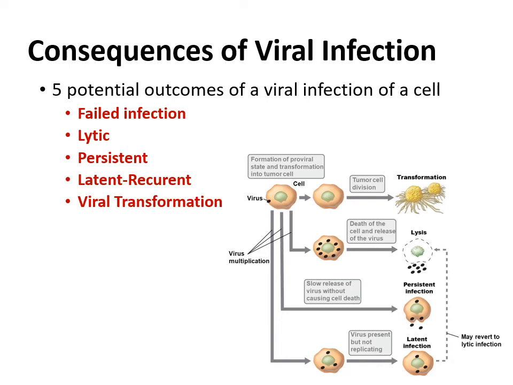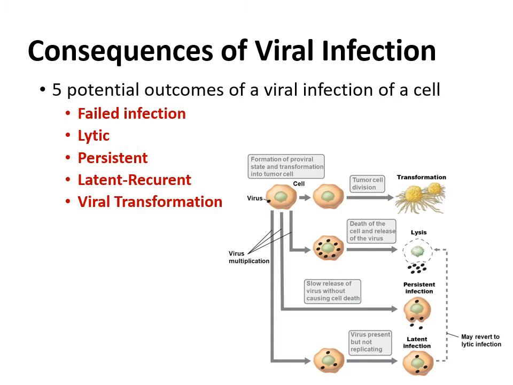The last one is viral transformation, and that consequence is not like the bacterial transformation that we talk about in lab. Viral transformation, that's seen here. That means the virus has triggered tumor cell production.